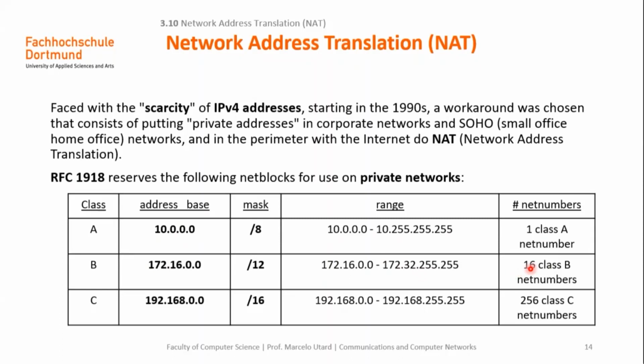Finally, there is another net block reserved for use on private networks that is a class C net block. The address base is 192.168.0.0 with a mask of 16 bits, /16.